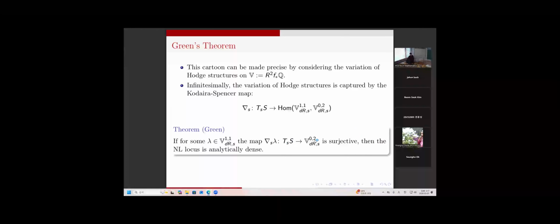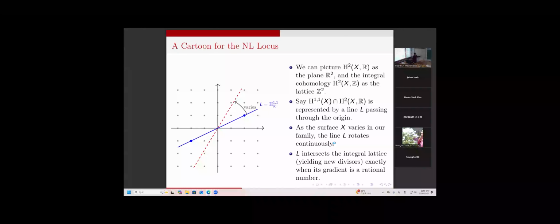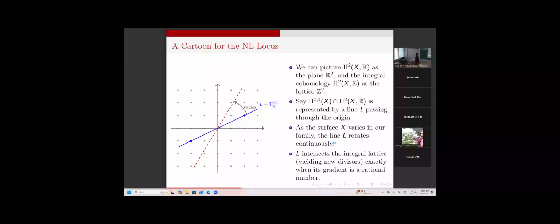Okay, so let me give an explanation for this hypothesis. If you look at our cartoon, you can ask, what happens if we're in a higher dimensional vector space? Let's say instead of R^2, you have R^5, and your L is 3-dimensional. You have a 3-dimensional subspace in a 5-dimensional space.